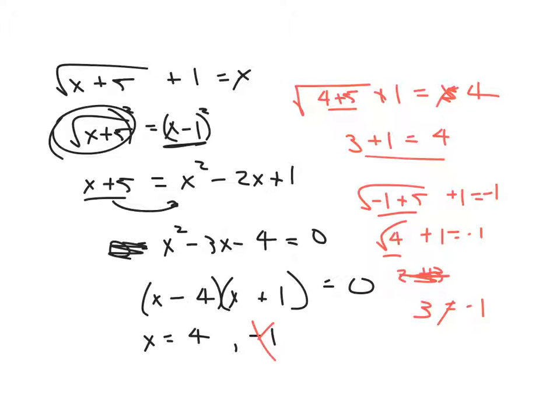All right, so let's go to example number 2, and we have a couple radicals in this one. So what we're going to do with this is the first step is to isolate the radical. Well, this radical is already isolated.